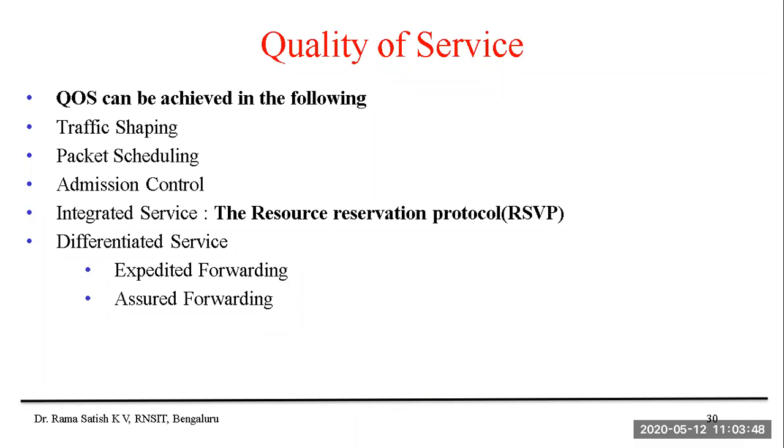We'll discuss leaky bucket and token bucket in Saturday's lab class, and I'll explain that lab program. In traffic shaping, you are going to shape the traffic based on the leaky bucket algorithm. The leaky bucket algorithm is one of the very important algorithms. They'll ask that in the theory and in the lab also.